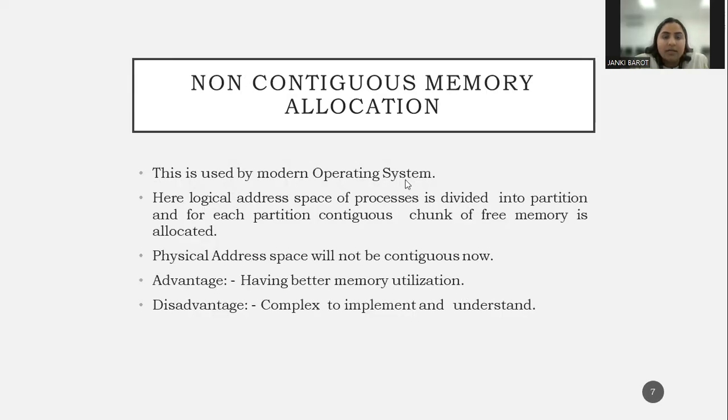Now we'll see non-contiguous memory allocation. This is used in modern operating systems. Here, the logical address space of the process is divided into partitions, and for each partition, a contiguous chunk of free memory is allocated. Physical address space will not be contiguous. Let us see the diagram.